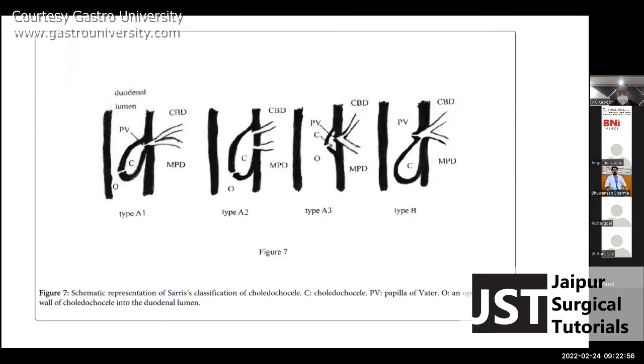And in type B, there is an intraluminal projection of the cyst with a common channel, and then the opening of this cyst is into the common channel, and then that is opening through a normal papilla.